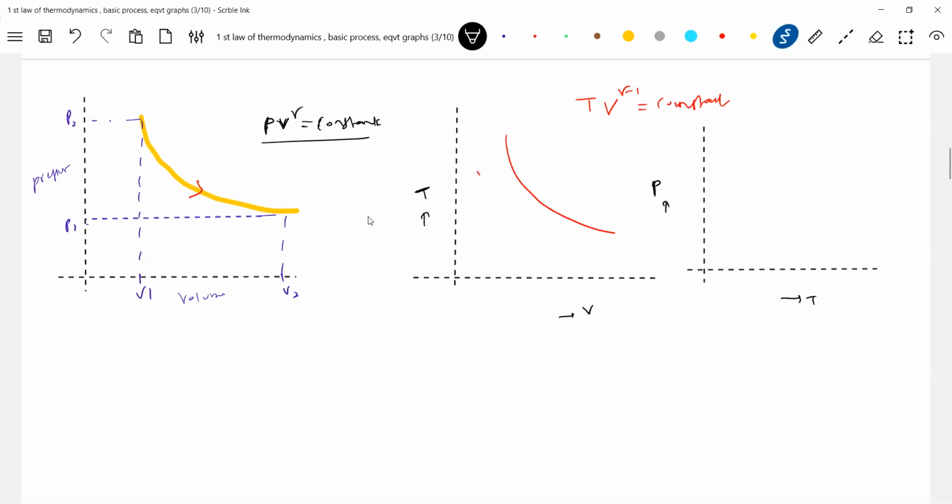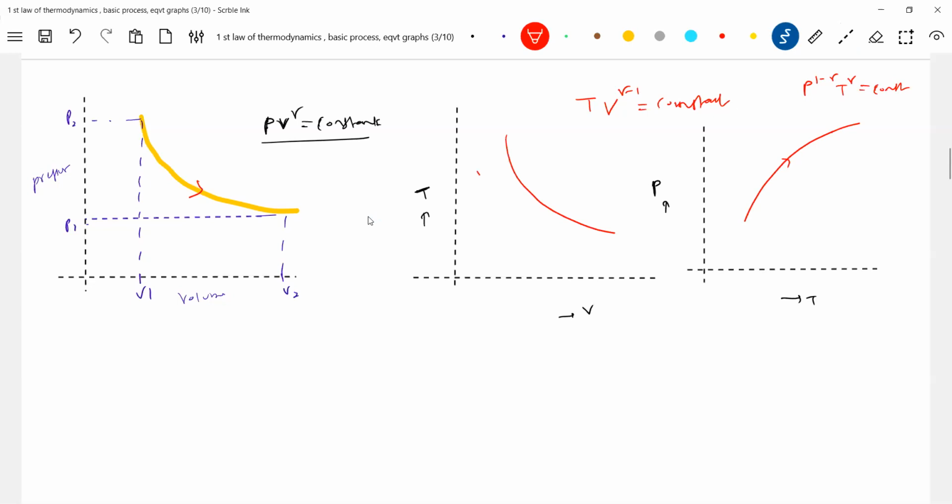There's pressure, there's temperature. So the curve will be, any formula for this? P to the power 1 minus gamma, T to the power gamma. I think they are going to help you a lot when you're plotting equivalent graphs.